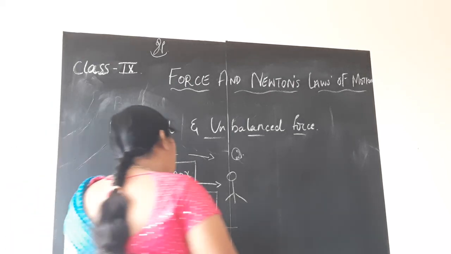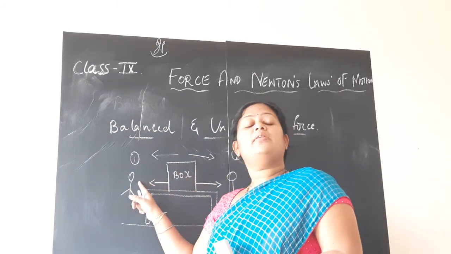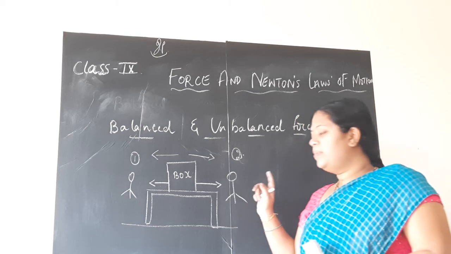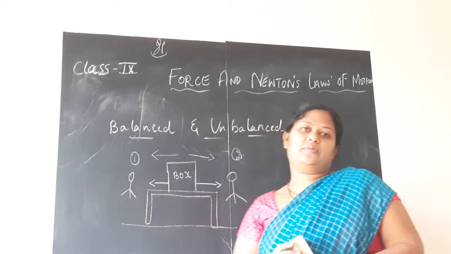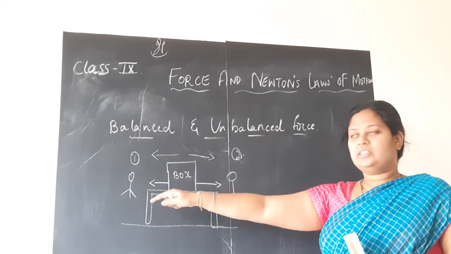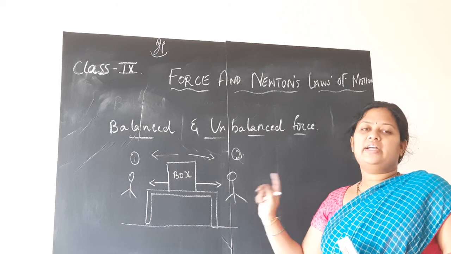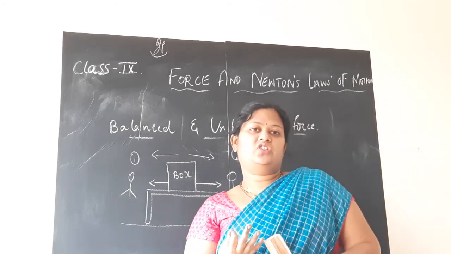One more case is, if person 1 is applying more force than person 2, then the box will move towards the first person. If person 2 is applying more force compared to person 1, the box will move towards the right side, that is towards person 2. These are the three possibilities, children.